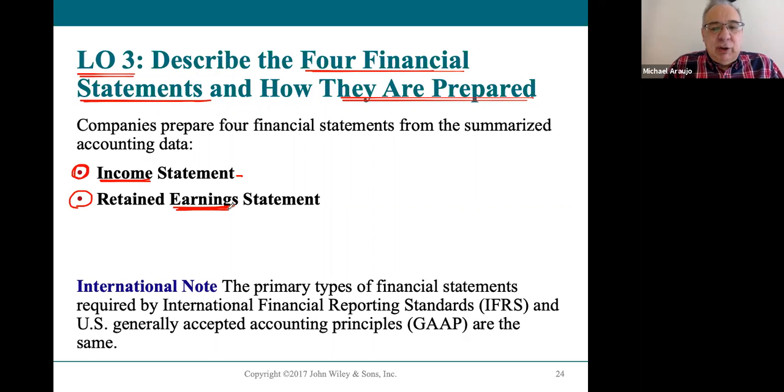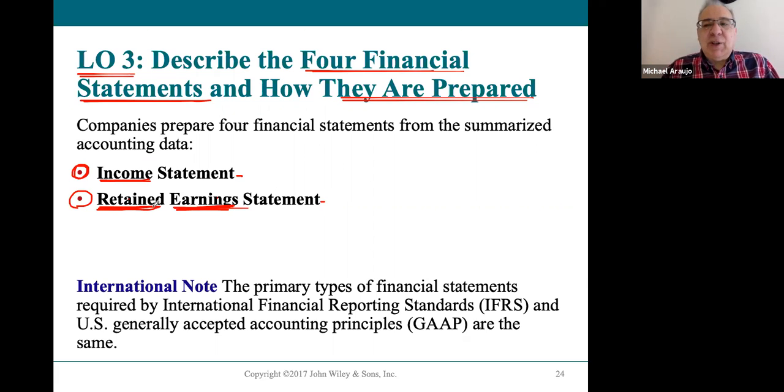And like I was telling you, as most owners want to do, they want to retain those profits in the company. They want to keep the profits in the company so they can reinvest those. And again, we go back to investing activities. Reinvesting means purchasing more assets so the company can grow. Okay. So this statement, called the retained earnings statement, shows how much of the profit, that's the earnings word, has been retained in the company.